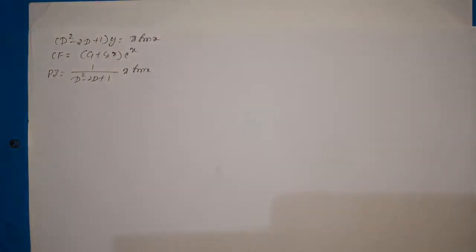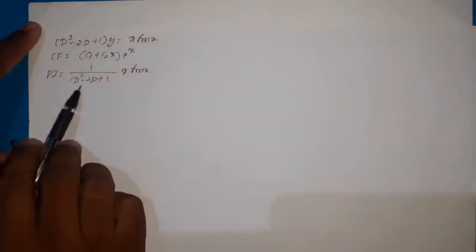So this is the last example on this unit, differential equation 3, or the last example on this particular integral. So here D square minus 2D plus 1 into y equal to x sin x. The complementary function is c1 plus c2x e power x, and the particular integral is 1 by f of D into x sin x.